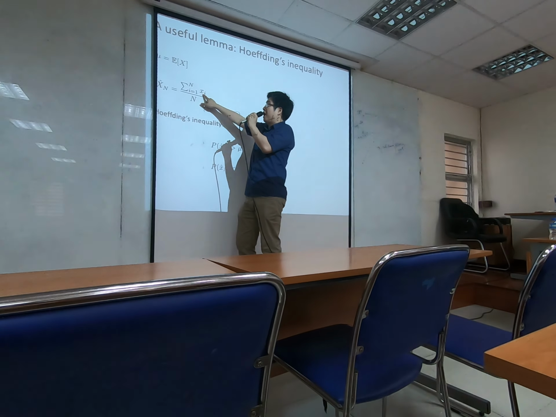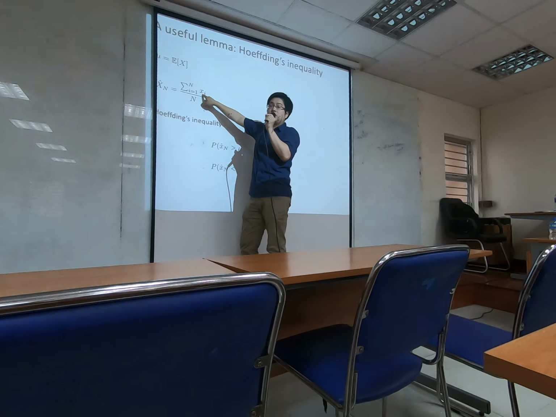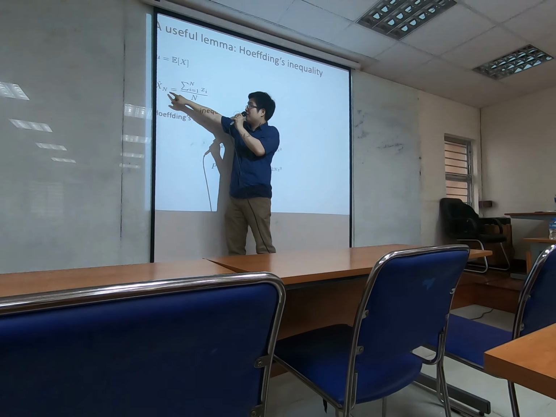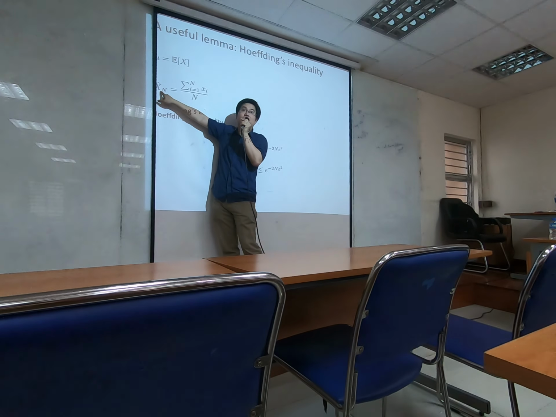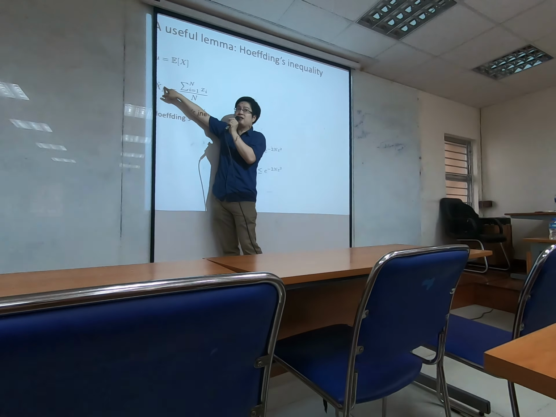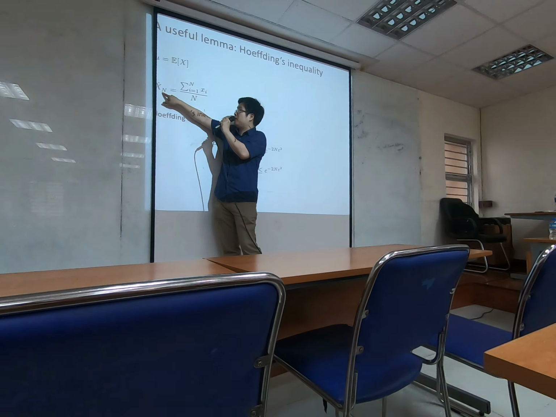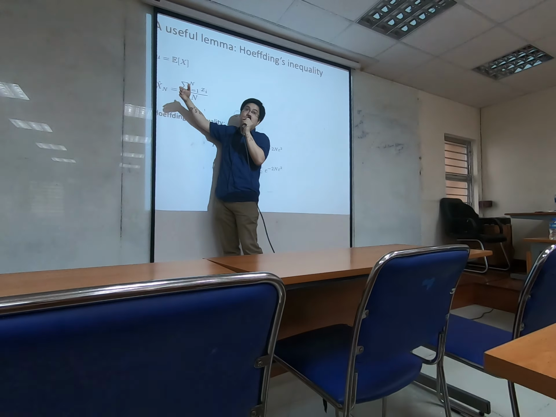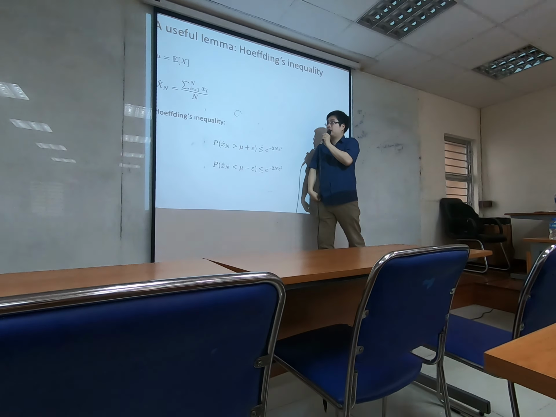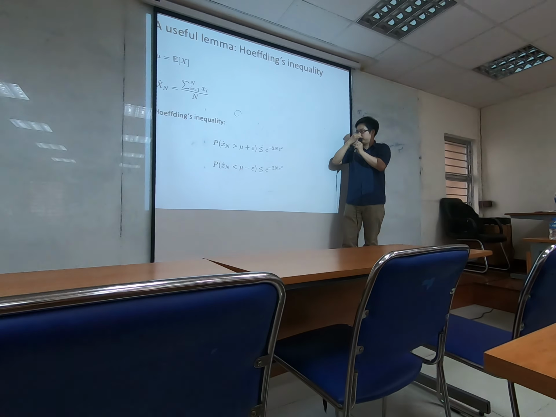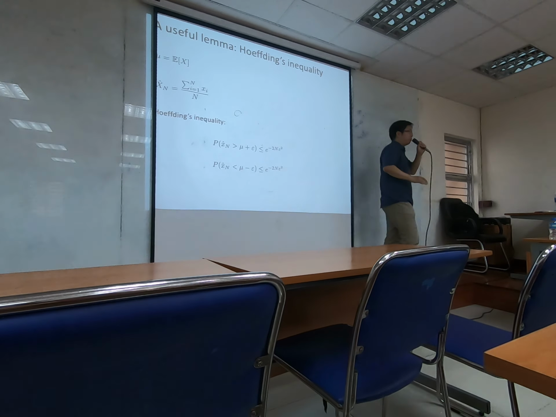You sample several times from the distribution of X, take the average, and denote it by X-hat, where the subscript denotes the number of samples of that random variable. Then we want to use something called Hoeffding's inequality.